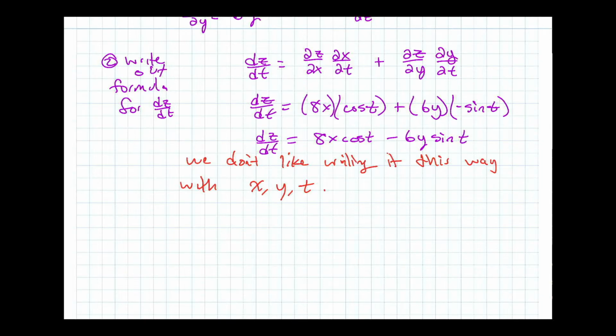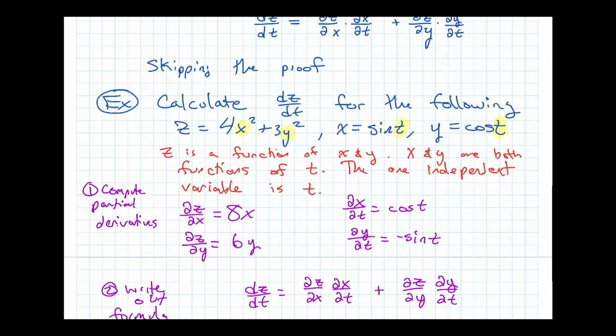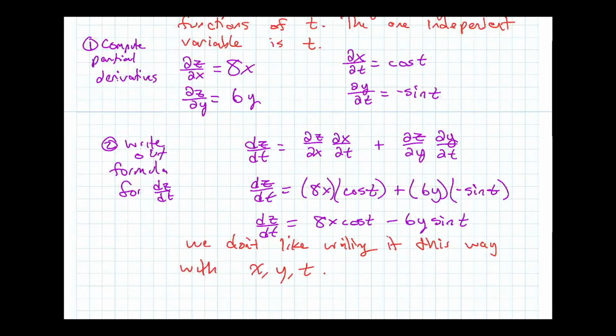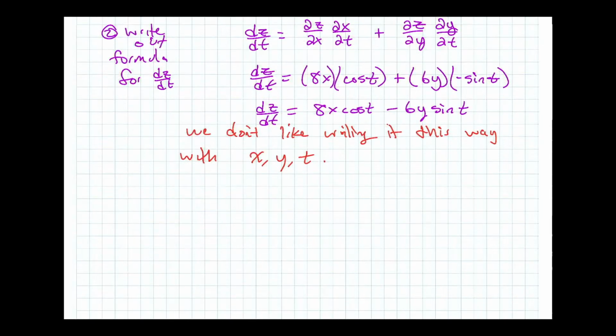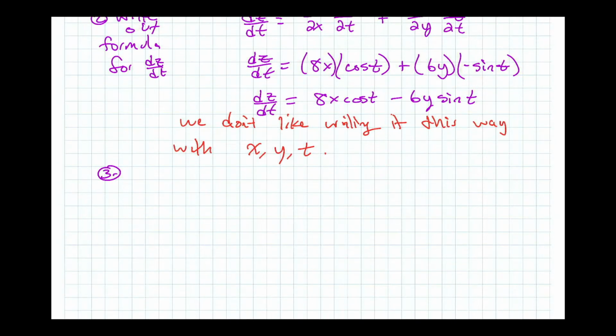What you can do is go back to the original function, and you can say, well, x is actually sine t and y is actually cosine t. So you can just fill those in for the x and for the y, and then everything will be in terms of t. So that's usually what you have to do for a last step. Again, it's super simple, but you are supposed to do it.